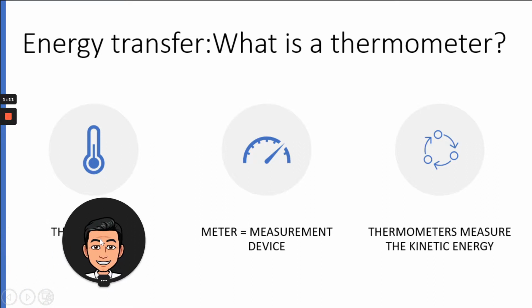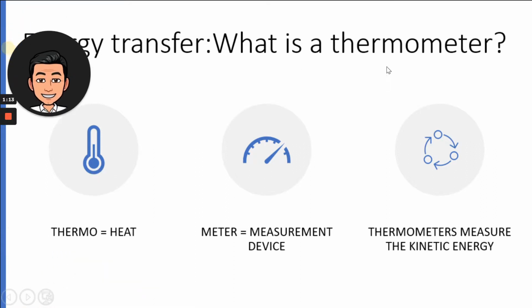So first thing I want to talk about, energy transfer. So what is a thermometer? We're going to be using a thermometer to explain energy transfer this week. And so what a thermometer breaks down to when we look at the words is thermo and meter. In science, whenever we hear the word thermo, you should always think heat. Thermo means heat in science. And a meter is anything that measures, right?